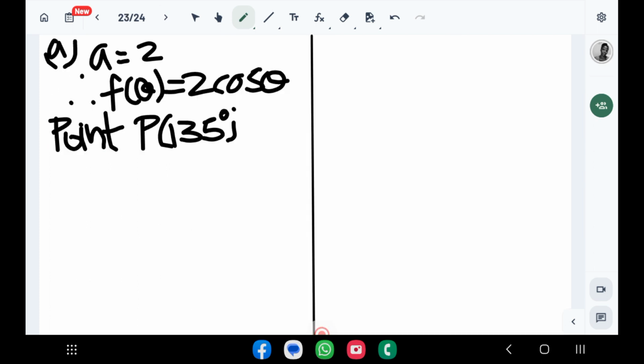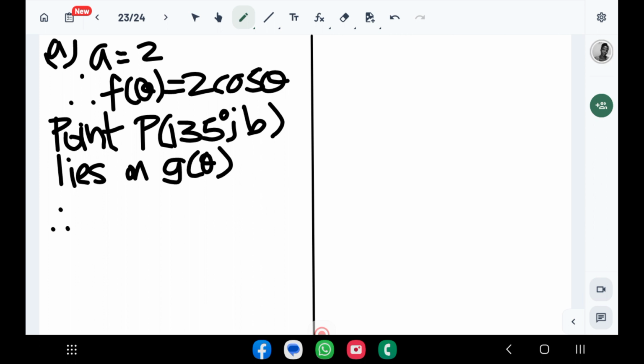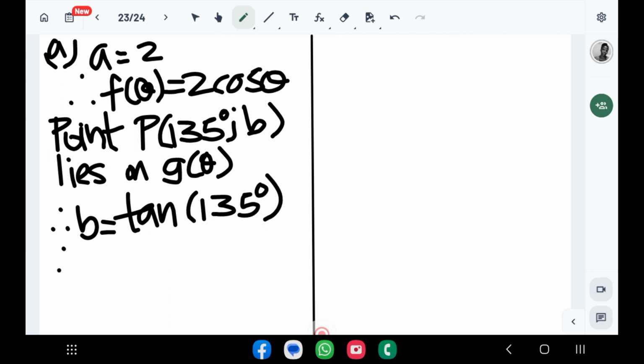Yes, 135 degrees, b lies on g of theta. Therefore, g, which is tan of theta, therefore b equals tan of the angle, 135 degrees. Therefore, b equals, take out a calculator, tan of 135, close bracket, and that gives you -1. And that is your b.